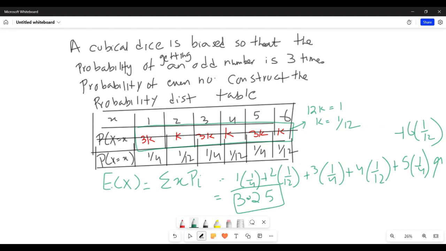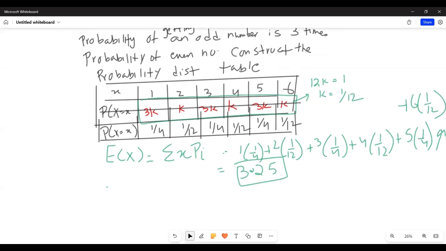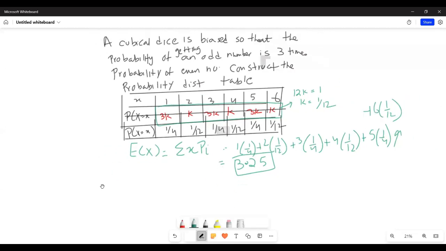Okay. Now find the standard deviation, which is square root of summation x times probability minus square of the expected value. And sorry, there's a square on it as well, x squared p.